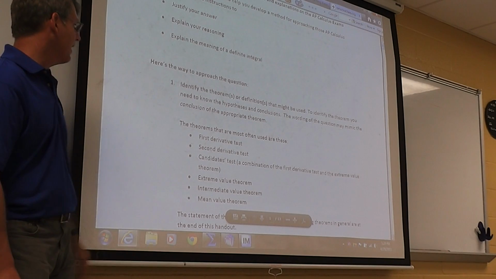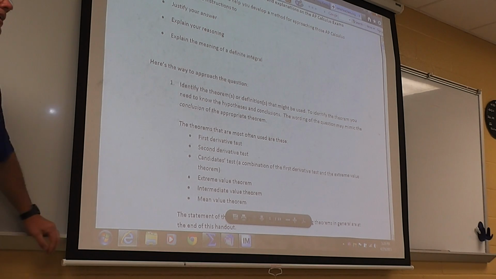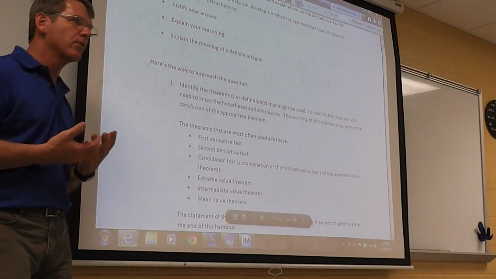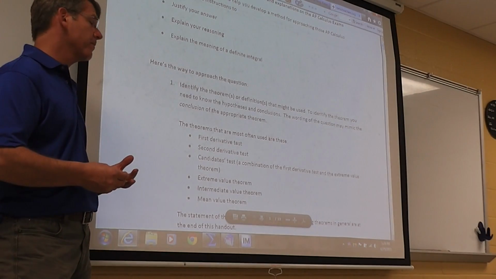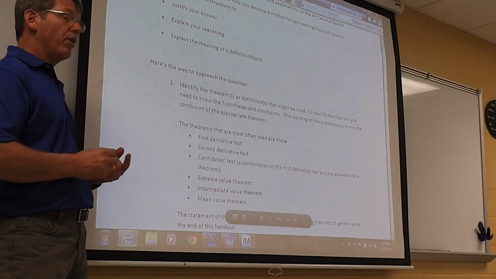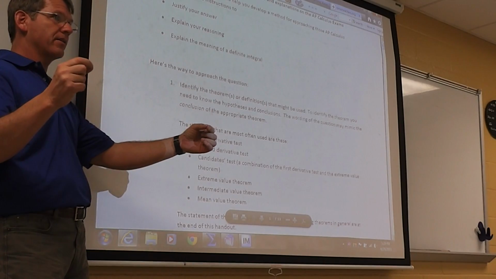And this other guy, a candidate's test, it says this is a combination of the first derivative test and the extreme value theorem. A candidate's test is testing absolute extrema. What's the absolute maximum of the function on some interval? What's the absolute minimum of some function on the interval? So basically, you're going to find your candidates, which are your critical numbers, and the endpoints of the interval.